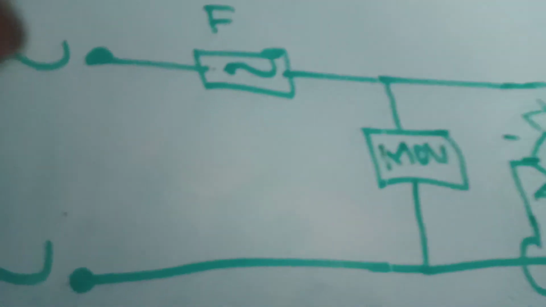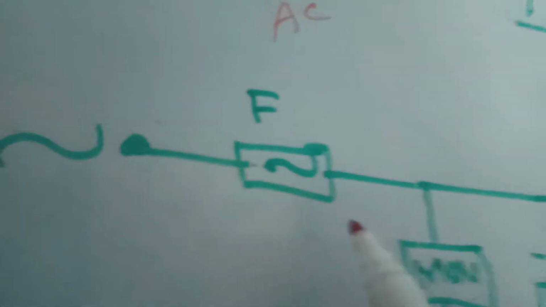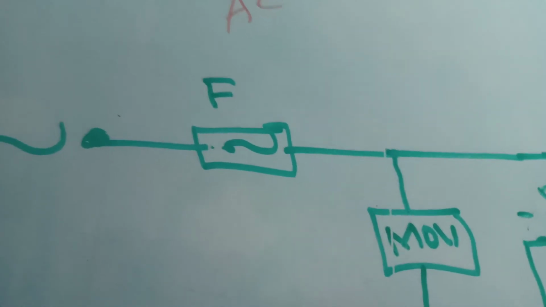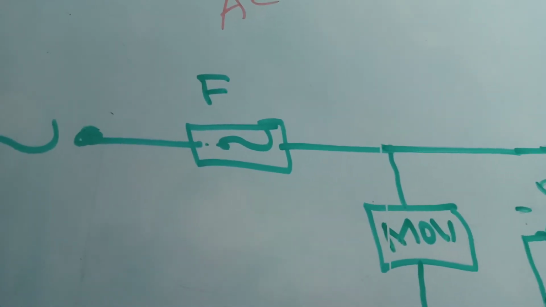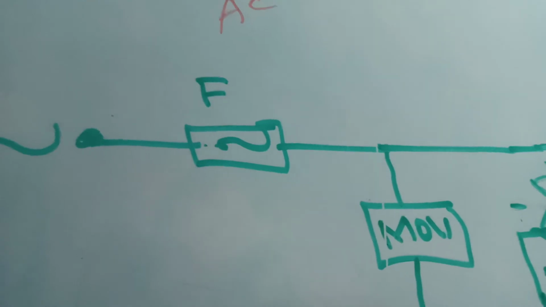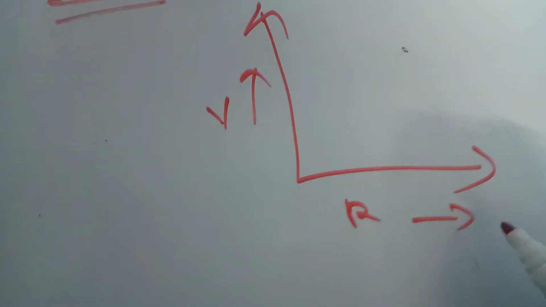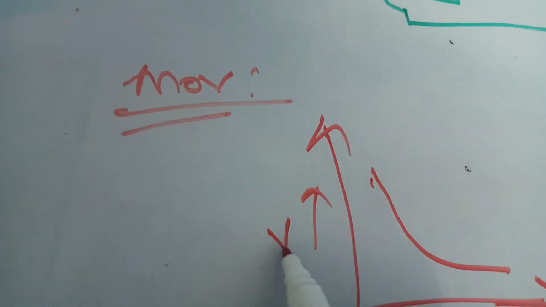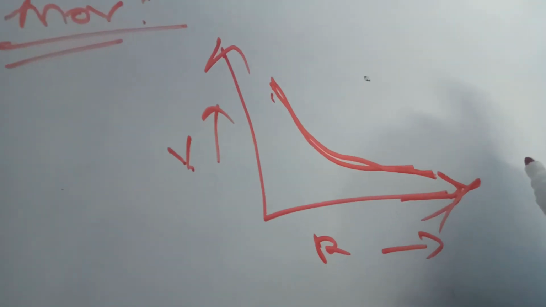Before that, we plot resistance against voltage, so the curve will be like that. When your voltage increases, automatically the resistance value will decrease. So it works like that. Understood? So that is the working principle.